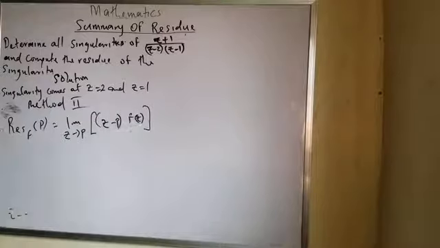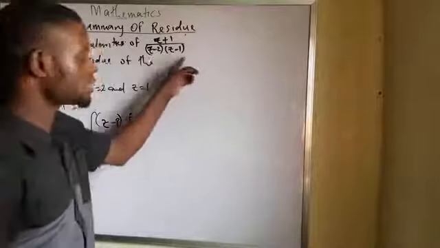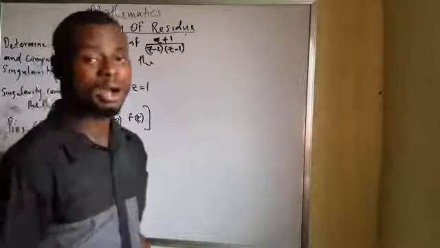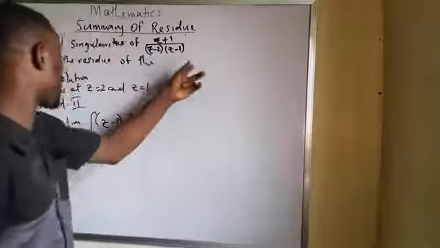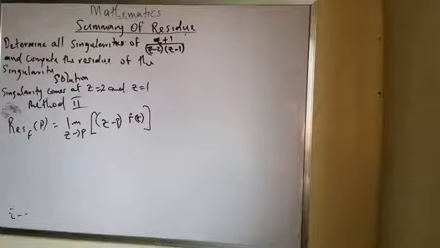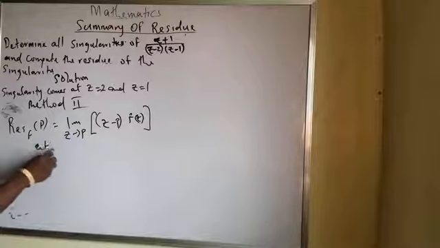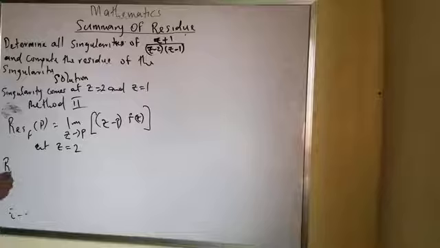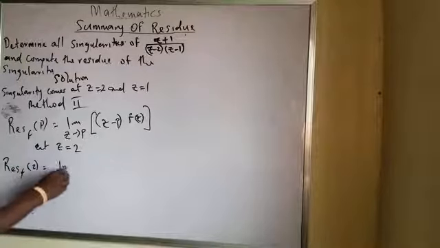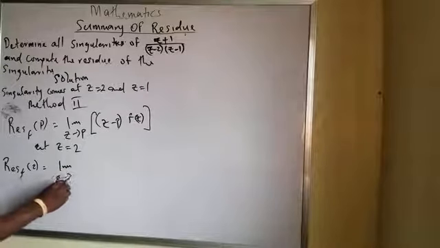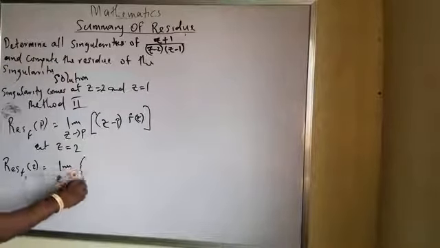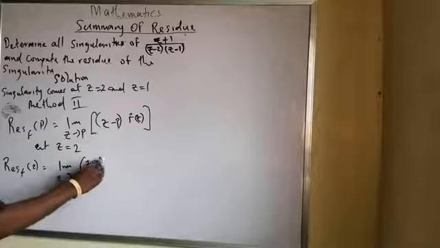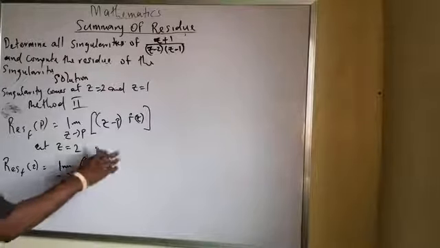Because none of these factors has a power other than 1, they are both in power 1. At z equals 2, my residue of f of 2 will be the limit of z to 2 of (z - 2) times f of z.